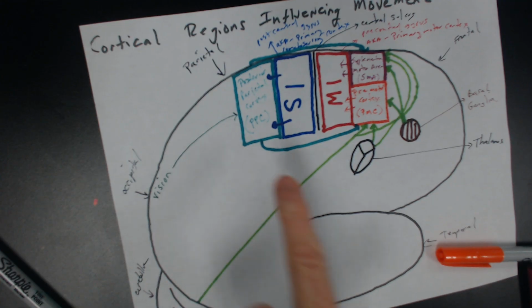An example of that is I like to run on trails, and if I'm running along a trail and I see a large black snake trying to cross the trail, I'm going to stop. I've seen danger, right? I'm not going to keep going, and that's going to be a visual processing stimulus. But you can see all of these different regions are going to influence movement or voluntary movement.